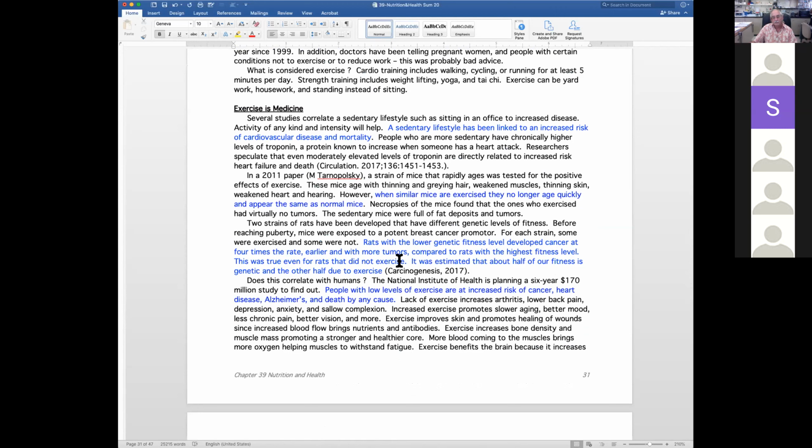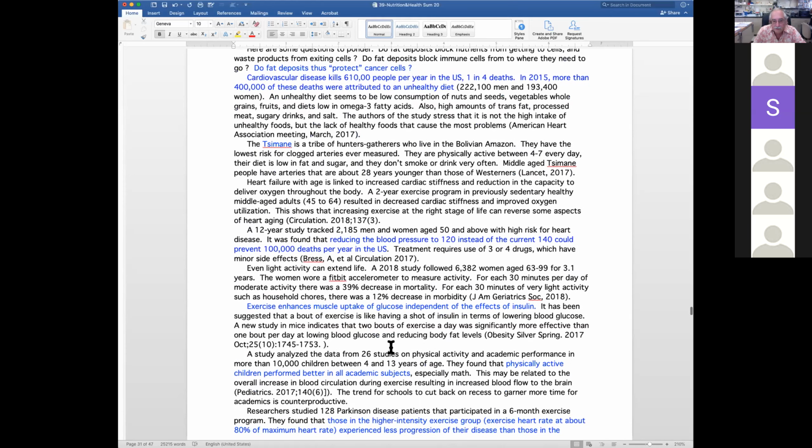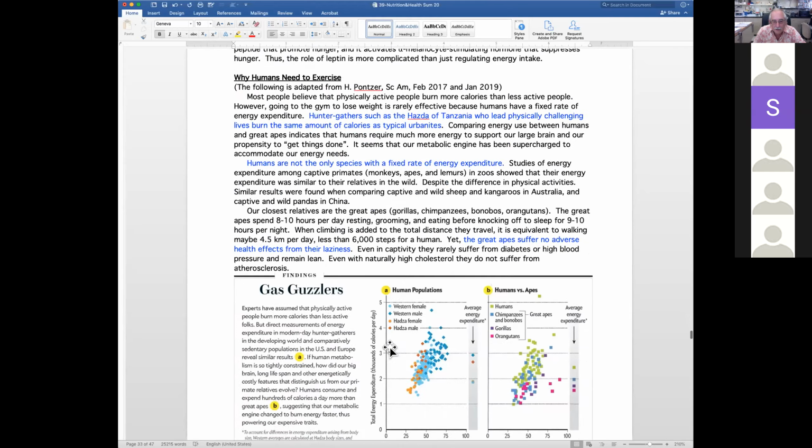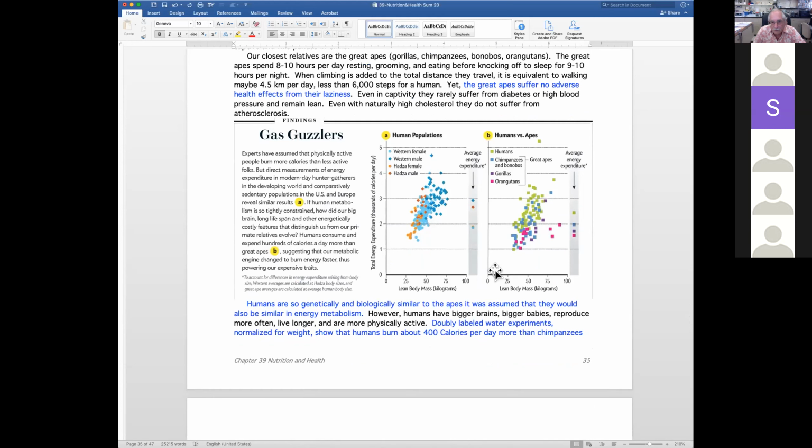Food is not. With food, you just get your essential nutrients and that's it. But exercise, especially for the human species, is extremely important. For the monkeys and apes, nowhere near as important.